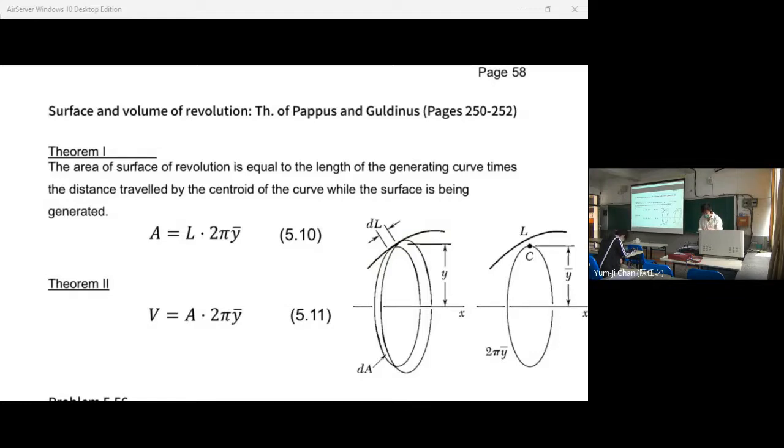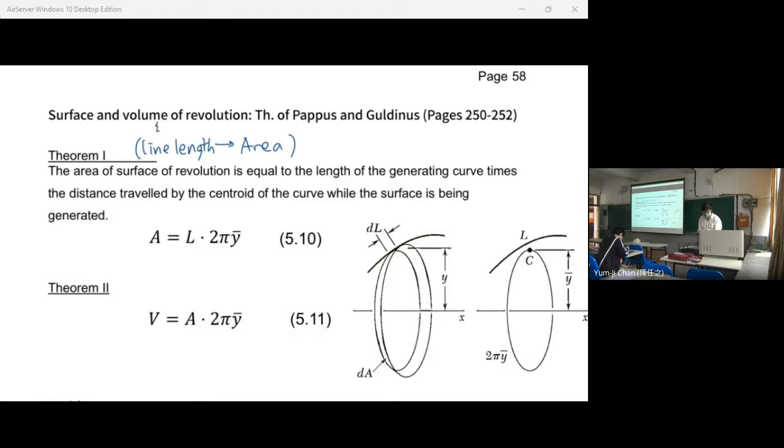So for theorem 1, we can determine the area from the line length. So it is from a line to a surface area.